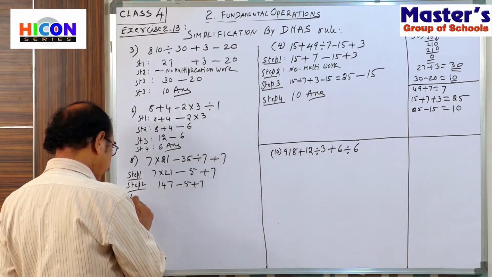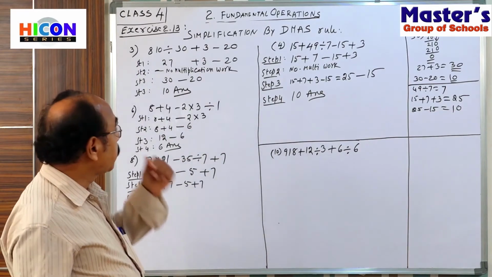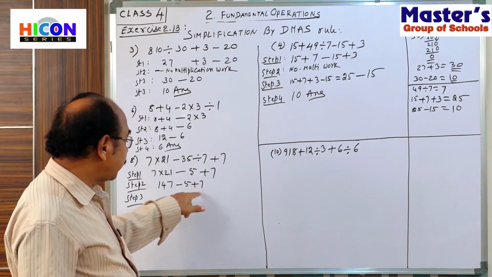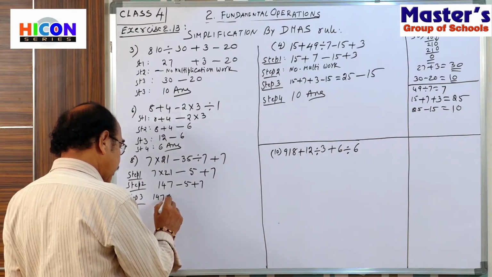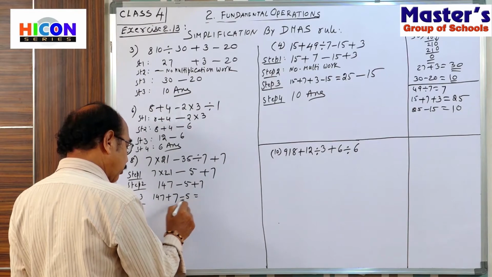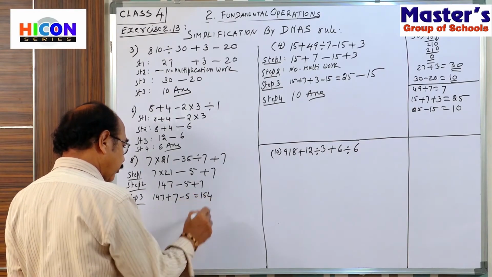Step 3, after multiplication, addition. Where is the addition here? 147 plus 7, minus 5. 147 plus 7 how much? 154.